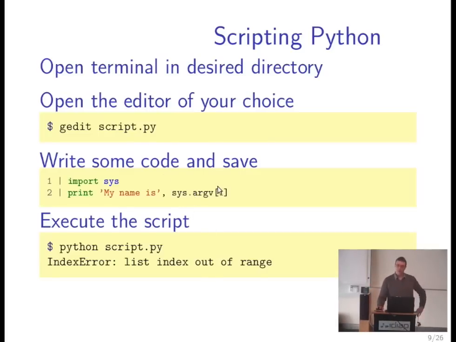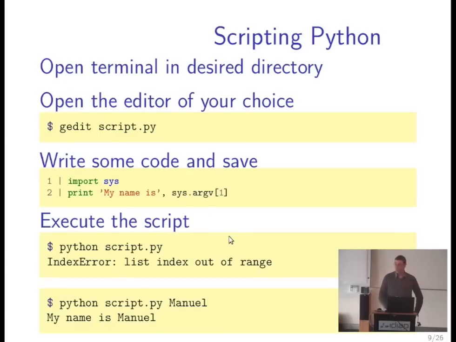And then you see, okay, right, I wanted to write the first command line argument, so I have to give it a command line argument. And when you run the script, calling Python, the script name and the command line arguments, you will see that it will print the right thing.